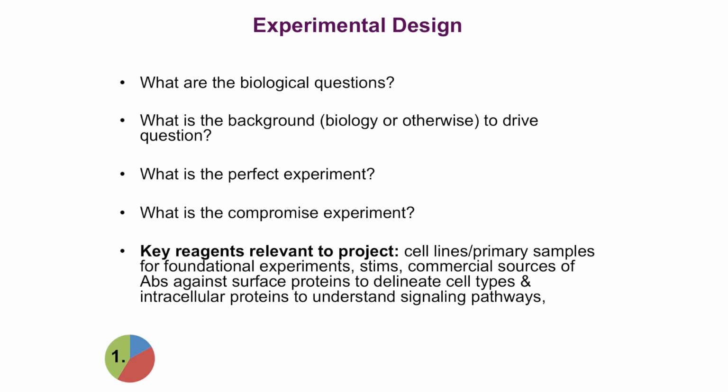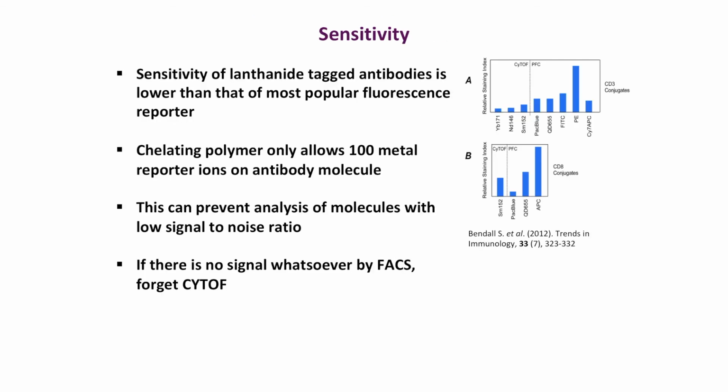What is important in this validation phase is to have cell lines which are expressing the markers you want to study, find out what the commercial sources of antibodies against the surface proteins are, and find out the best clones to detect these surface or intracellular targets in your hands. One note of caution is that the sensitivity of lanthanide-tagged antibodies is lower than the most popular fluorescence reporters.